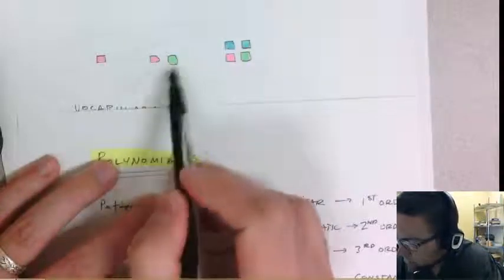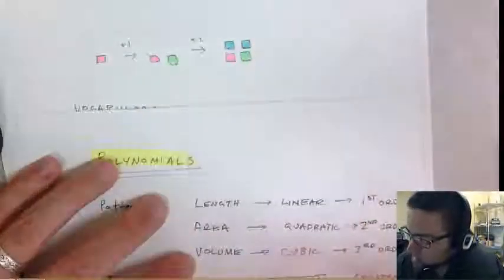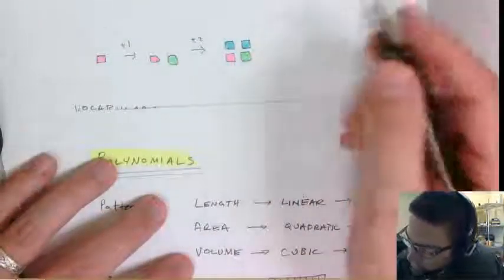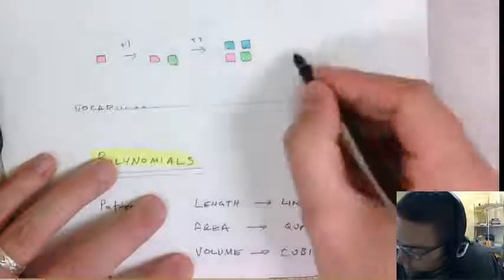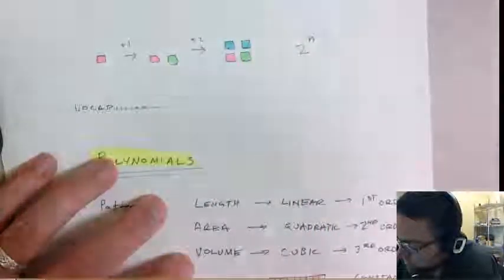This one doubles each time, so n, and it goes up by 1, and then it goes up by 2. And you can see that it's doubling each time, so it gets doubled again. The next one would have 8 in it. So this one's continuing to double. This is called exponentiation, and this is actually 2 to the n power.